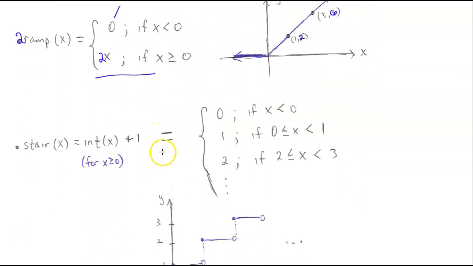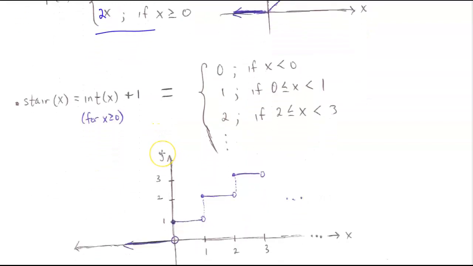All right, your stair function. Your stair function is actually a variation on what we know as the integer function. And you may have seen the integer function defined this way. I'm probably not doing a very good job of drawing that, but that is another way that the integer function is defined. Basically, it is a rule that has you always round down to the closest integer.